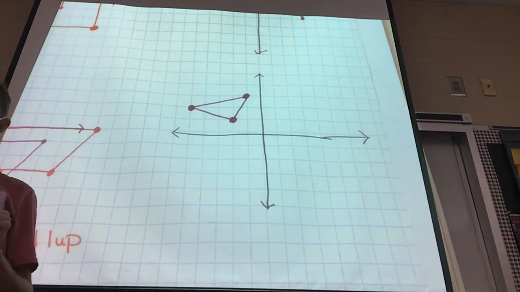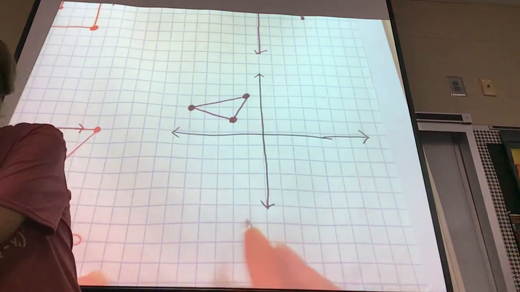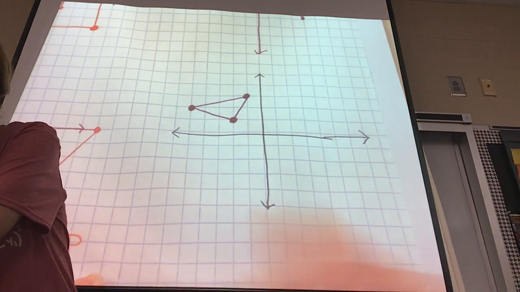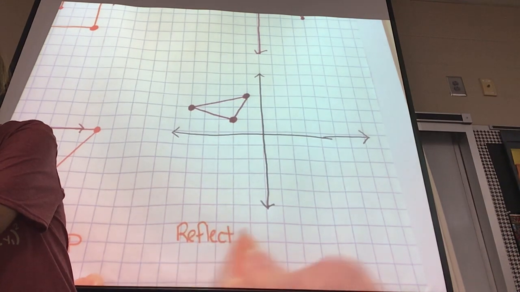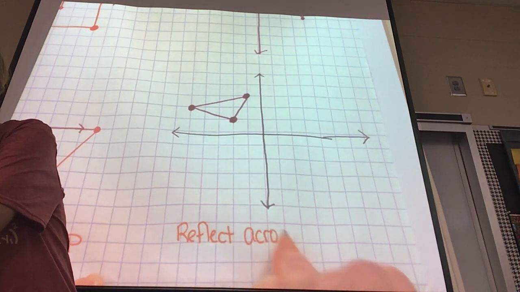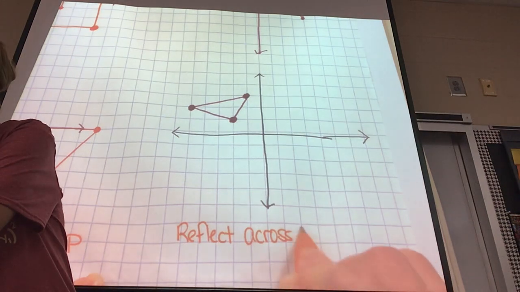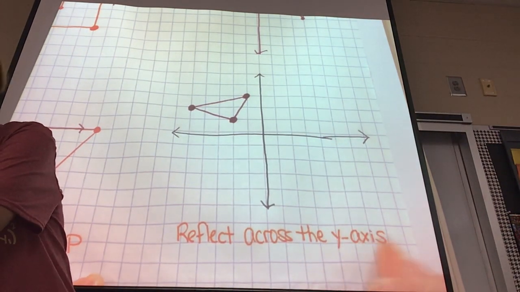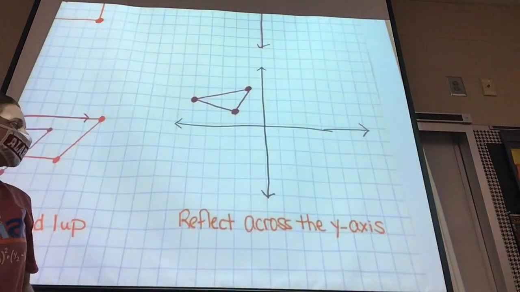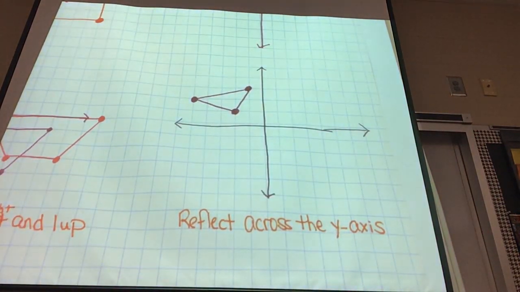Now what it tells me that it wants me to do, and I'm going to write it down here, is it wants me to reflect across the y-axis. So it wants me to reflect across the y-axis.